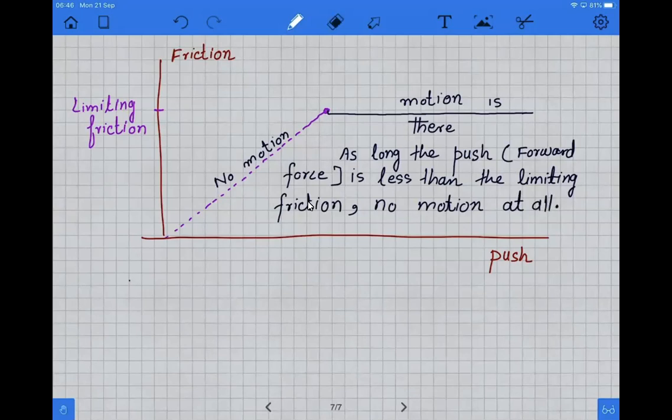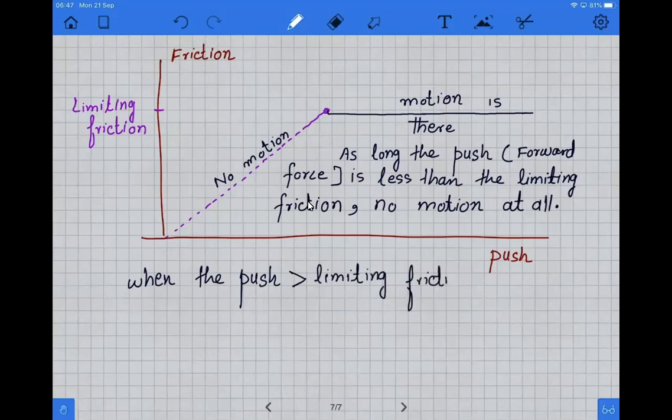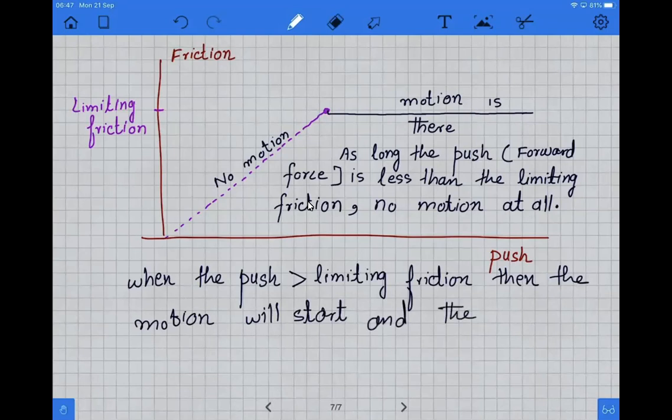When the push or the forward force gets bigger than the maximum value of the friction, called limiting friction, then the motion will start and the friction will remain constant.